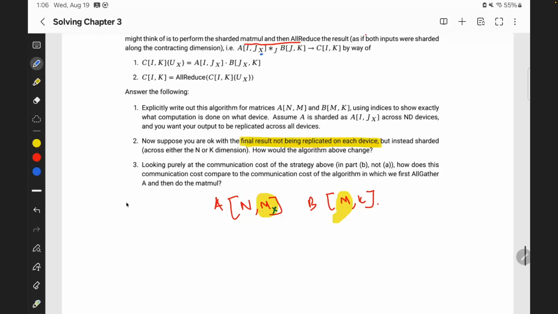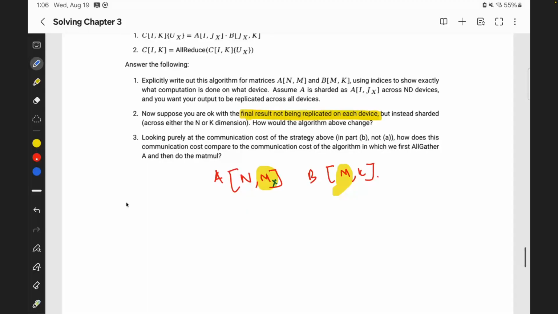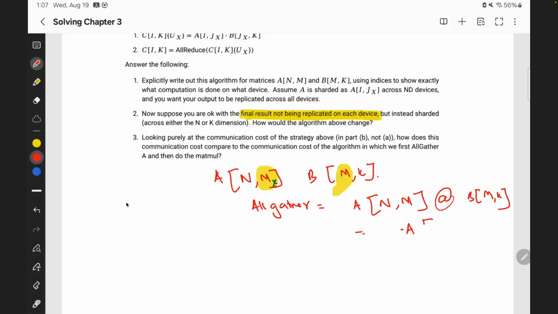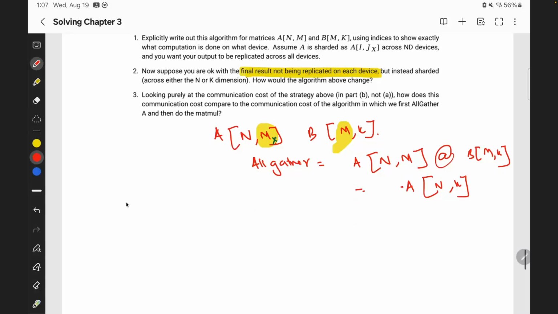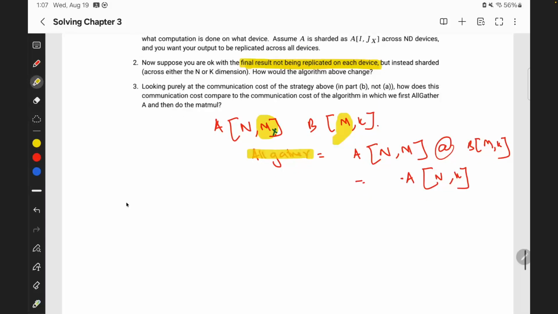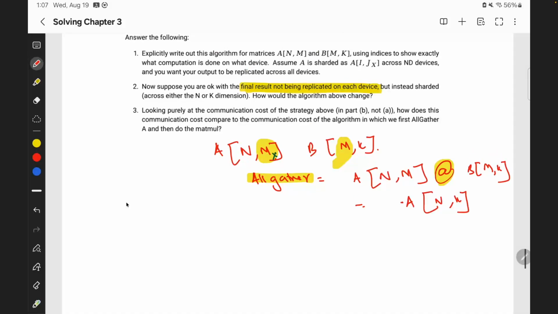If you first do an all gather, you will get the matrix A n m, and then you do the matrix multiplication with B m comma k, and you get the result A n comma k. This is the operation where you first do an all gather followed by the matrix multiplication, but you don't care about having all the results in one place.